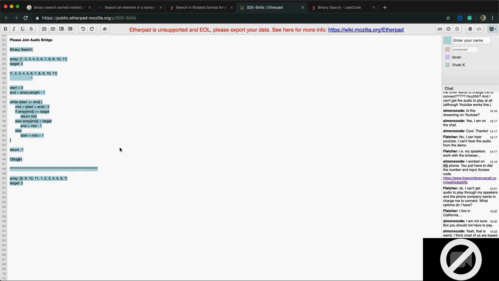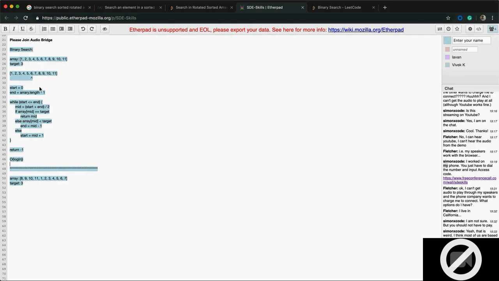Okay, that is fine. Do you want to explain why it is log n? Every time you update your start or your end, you reduce your search space by half.